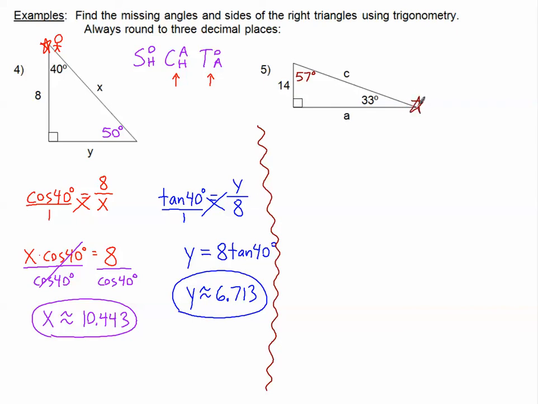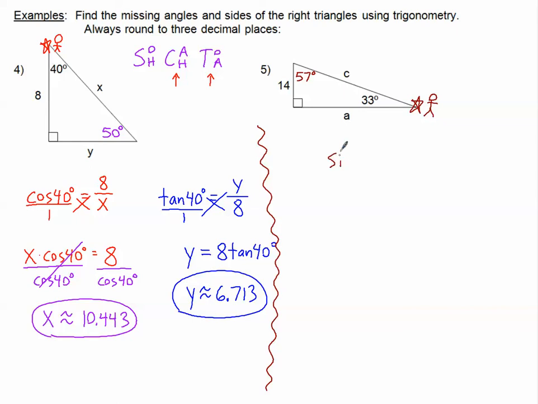I'm going to choose this time to stand here because this is the acute angle that was given to me. And if I'm standing here, I have the opposite leg. The opposite leg happens with the SO, the sine, and with the TOA, the tangent.